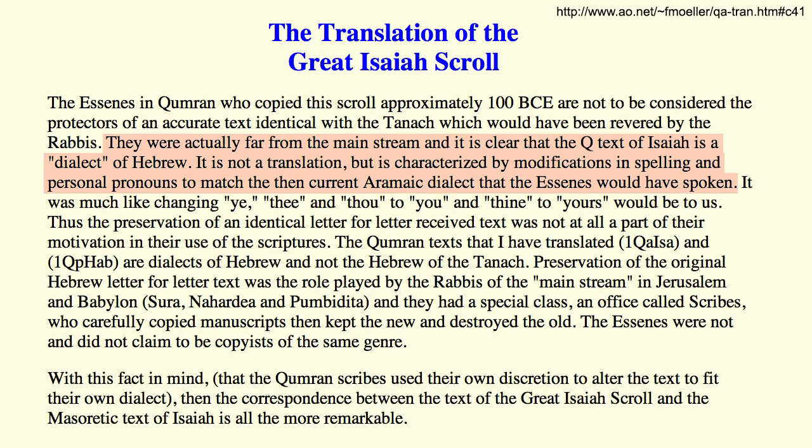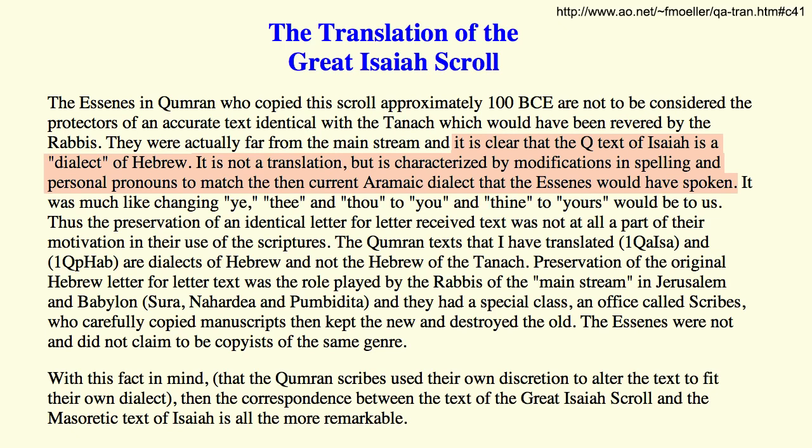I got to read that again, because a lot of people like to use the Dead Sea Scrolls as a proof of the correct pronunciation of Hebrew. It says, it is clear that the Q text, the Qumran text of Isaiah, is a dialect of Hebrew.